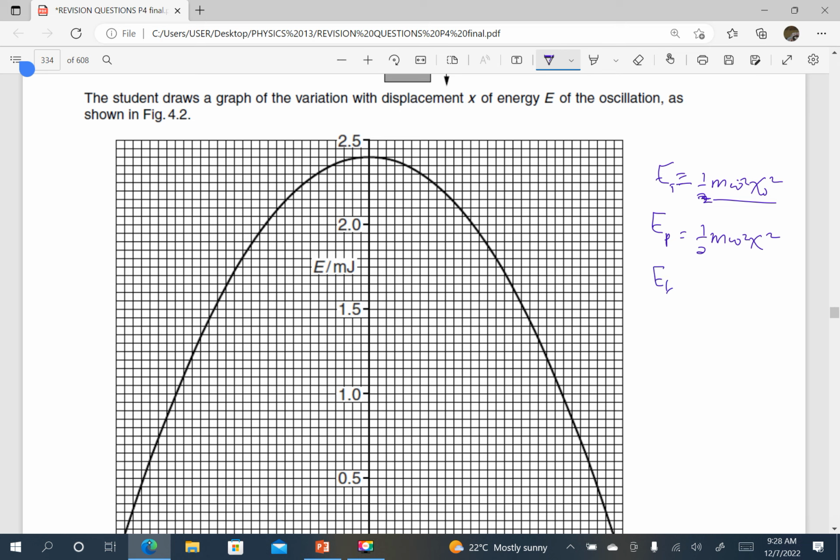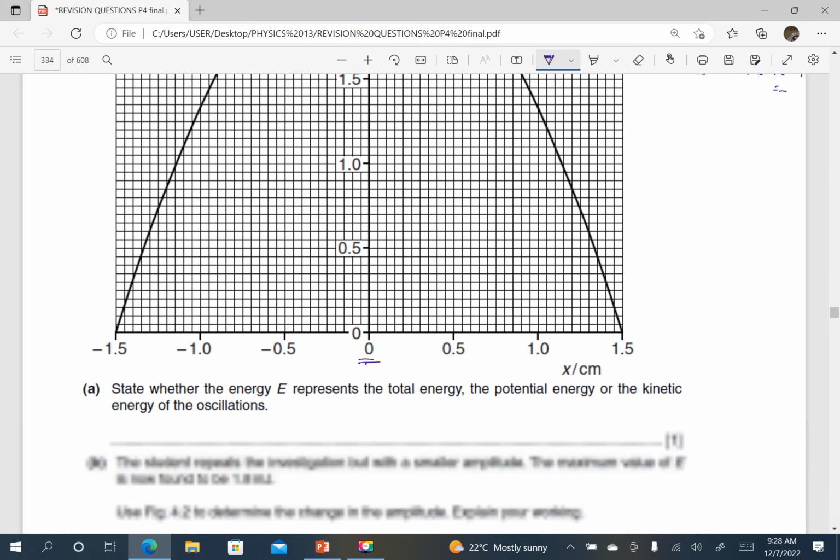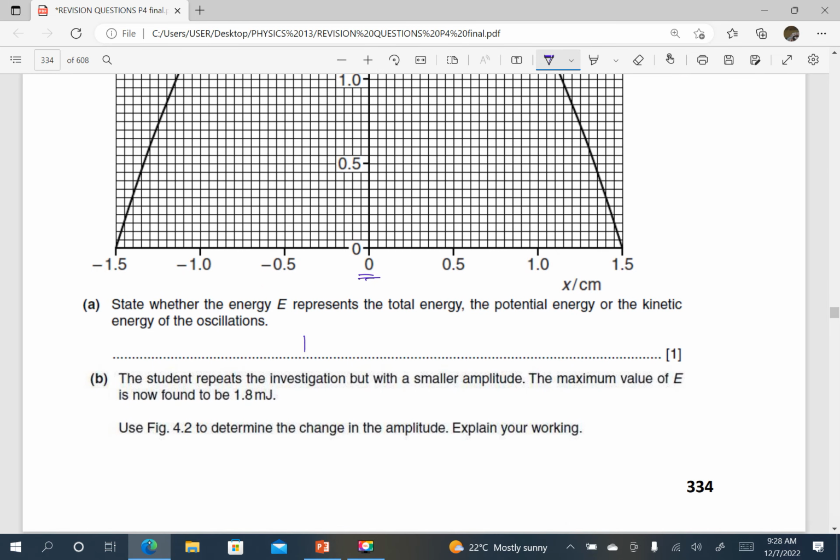Then kinetic energy is equal to a half m omega squared into x naught squared minus x squared. When x is 0, kinetic energy is the maximum energy, which is the total energy. So this graph represents kinetic energy.